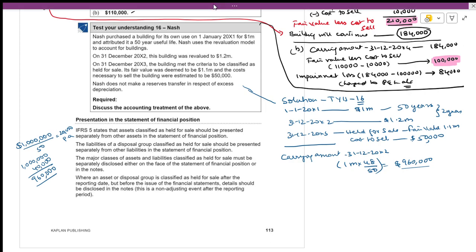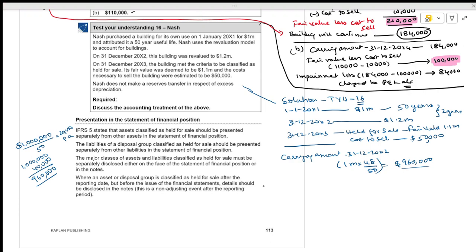Now they have revalued on 31/12/2002. How much is the revaluation? 1.2 million. The carrying amount is 960,000.